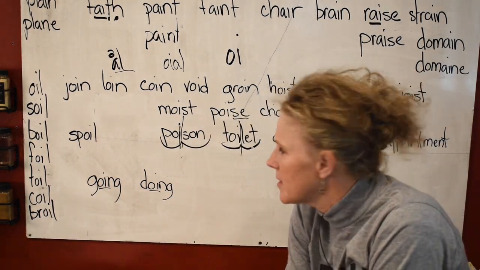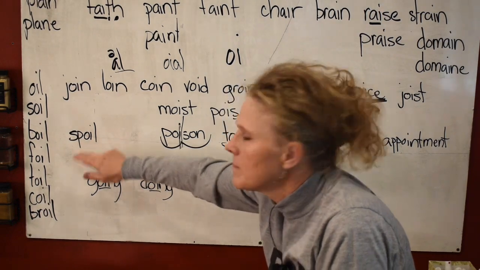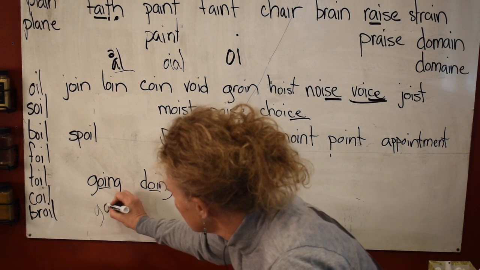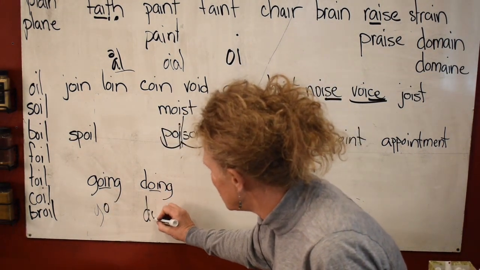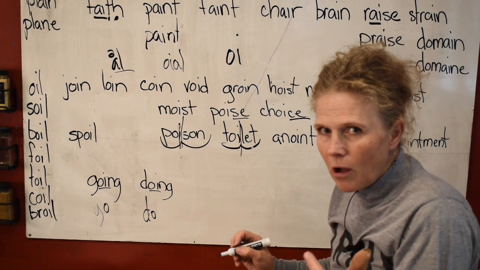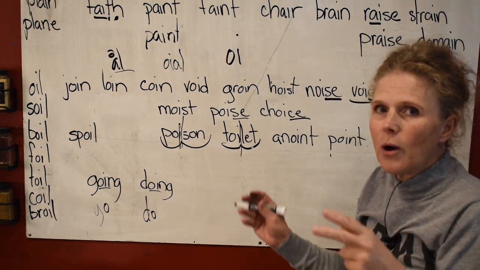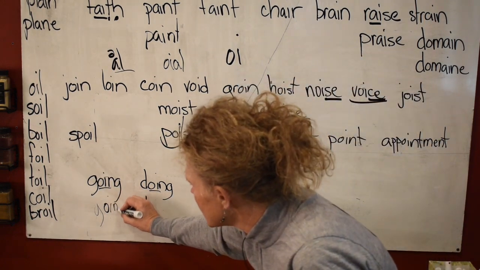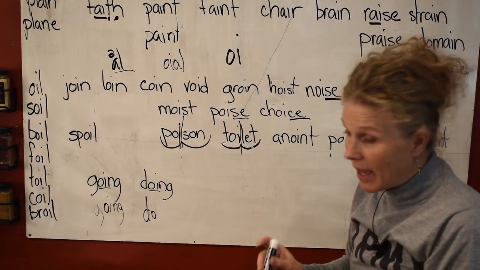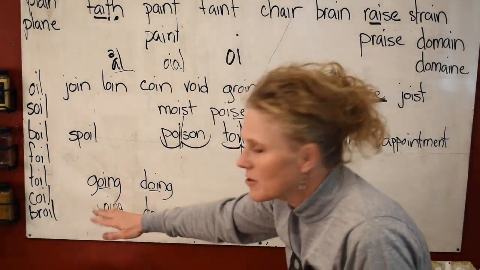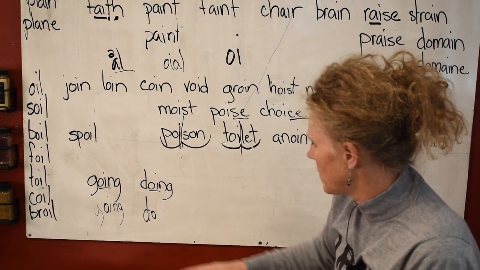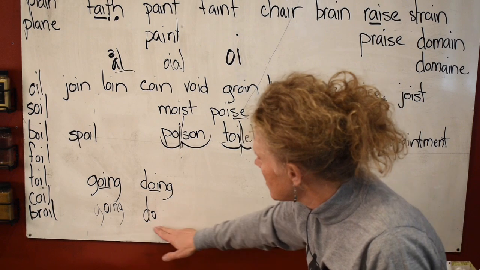Even though they look like they could be this vowel team, this goes to the word go. And this goes to the word do. And you're adding on a suffix, that is an I. These are the few, really, there's not very many. And so these could be confusing.